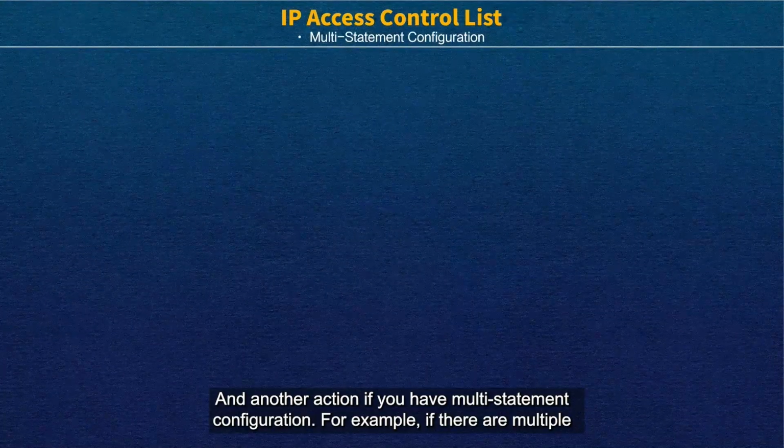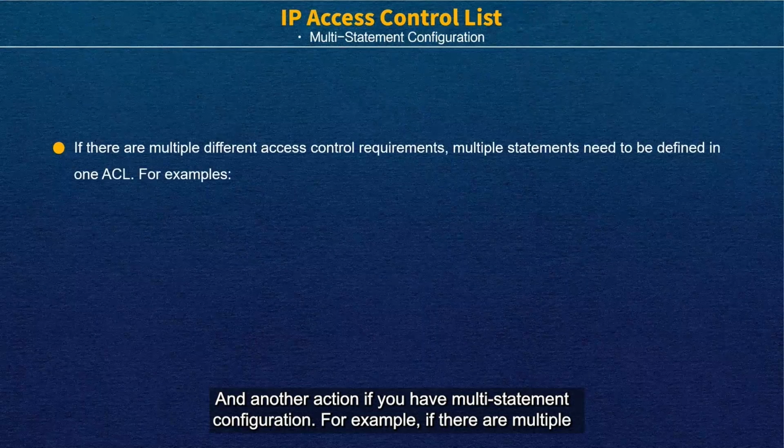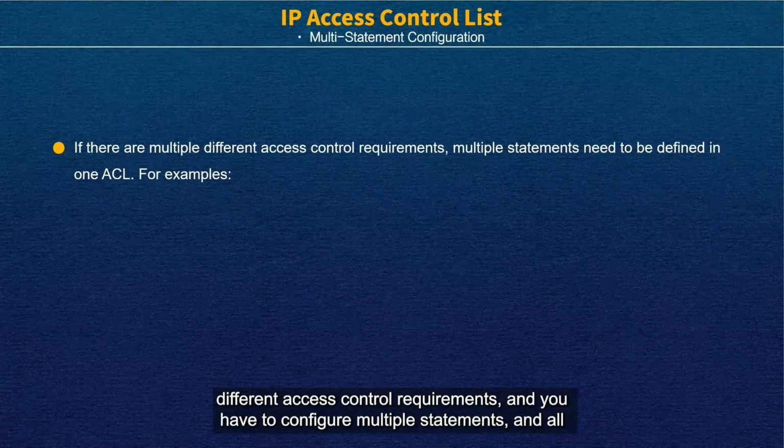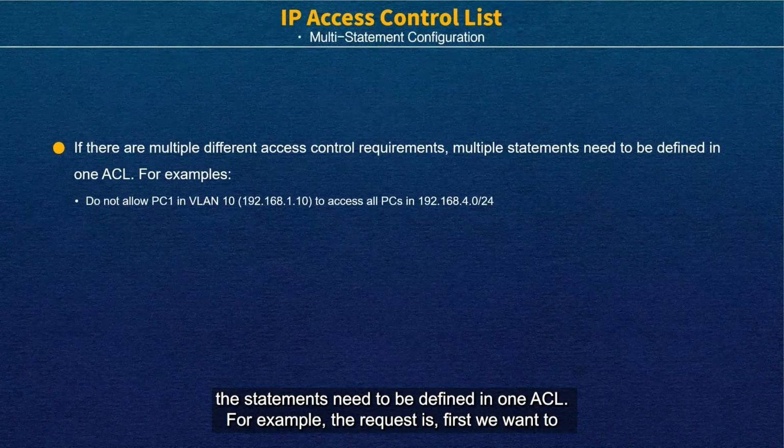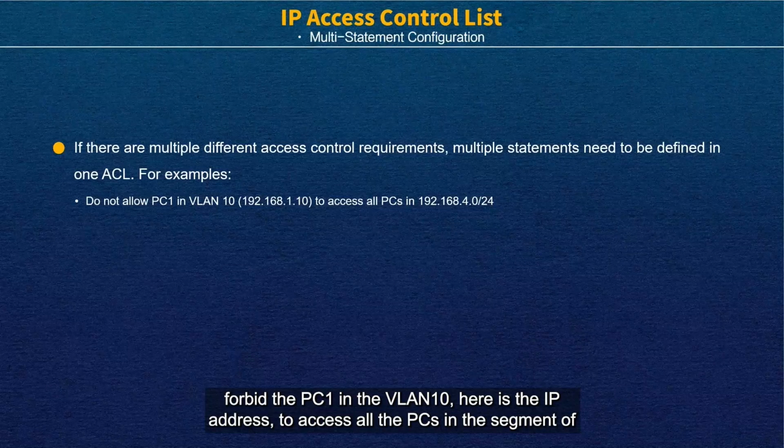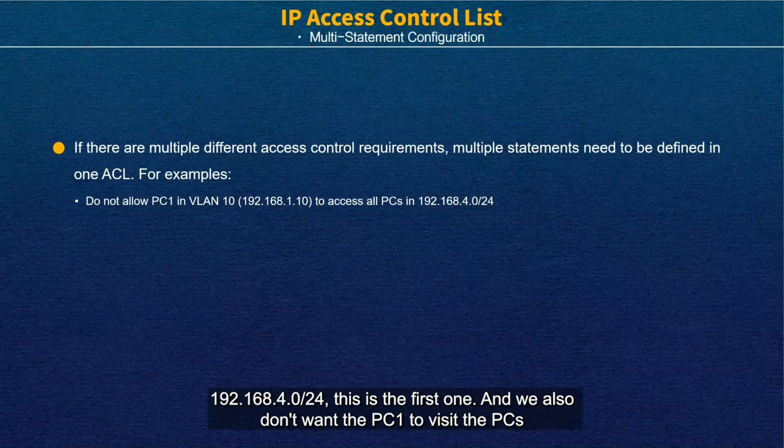And another case is if you have a multi-statement configuration. For example, if there are multiple different access control requirements, you have to configure multiple statements and all the statements need to be defined in one ACL. For example, the request is first we want to forbid PC1 in VLAN 10, here is the IP address, from accessing all the PCs in the segment 192.168.4.0/24.